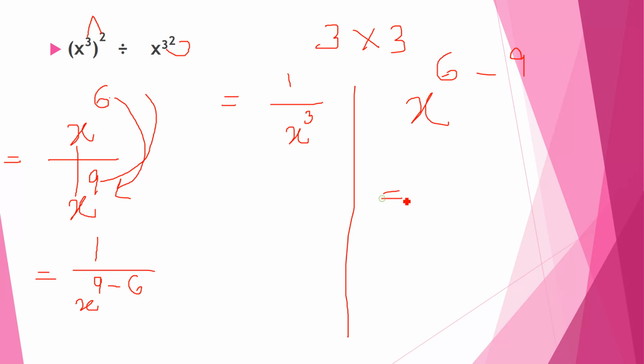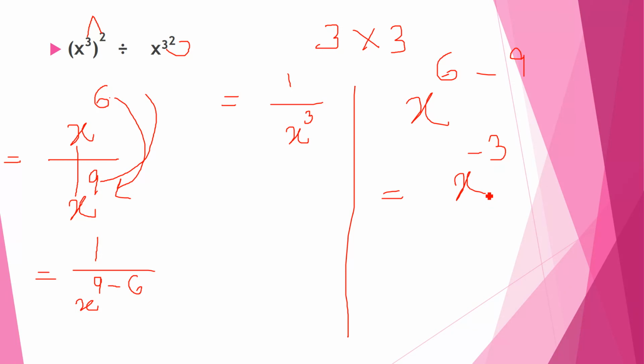And then here you can write down x^(6 minus 9), so it is minus or negative 3. Plus minus minus, right? But you have to write down the sign of the bigger magnitude. So 9 has a negative sign, so minus 3 is the answer.